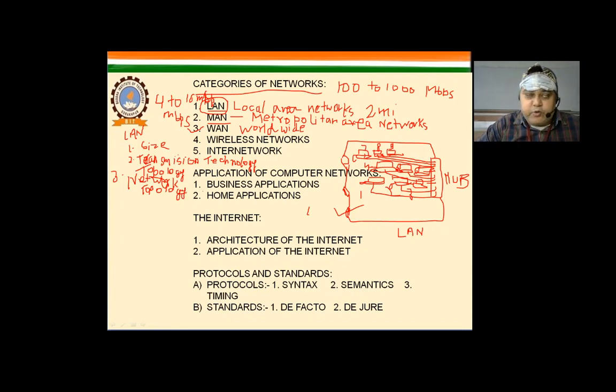There is a tree topology as well. When you use two different topologies together, they form hybrid topologies.